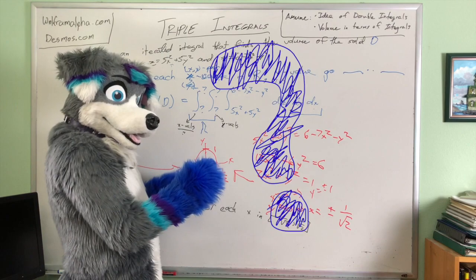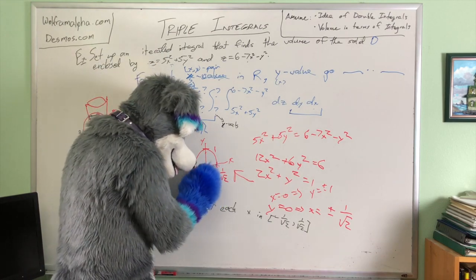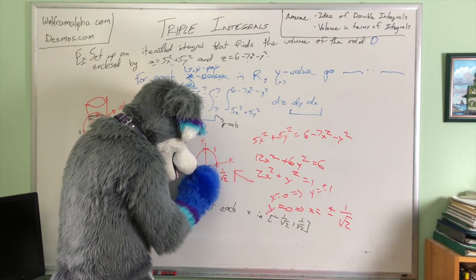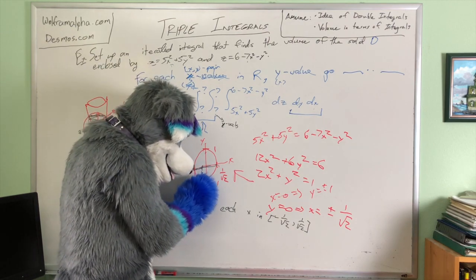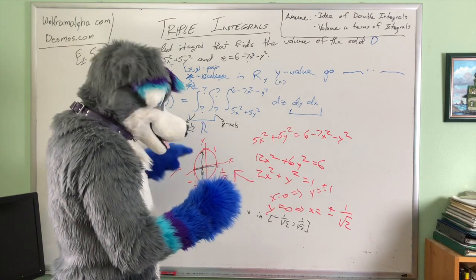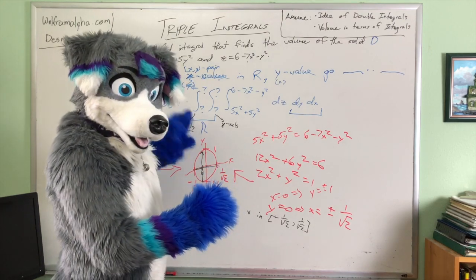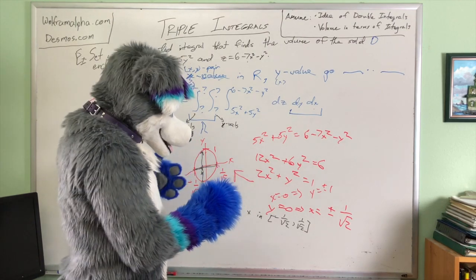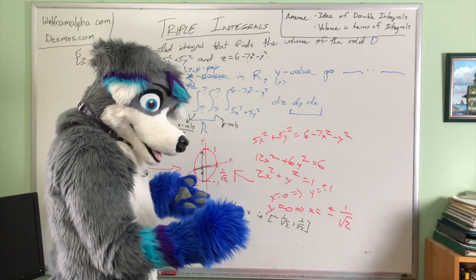Where do they go? The y values go from here, the bottom of the ellipse, up to the top of the ellipse. So this is just thinking in terms of double integrals now. So this is actually a good explanation of how double integrals work, it turns out.